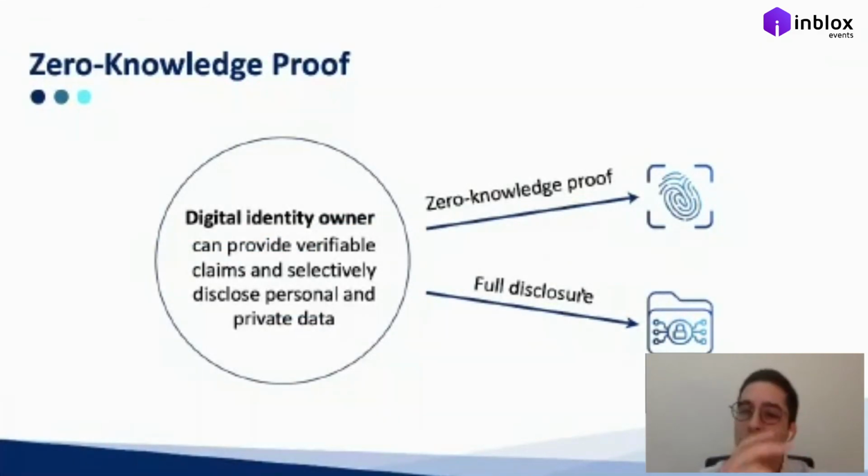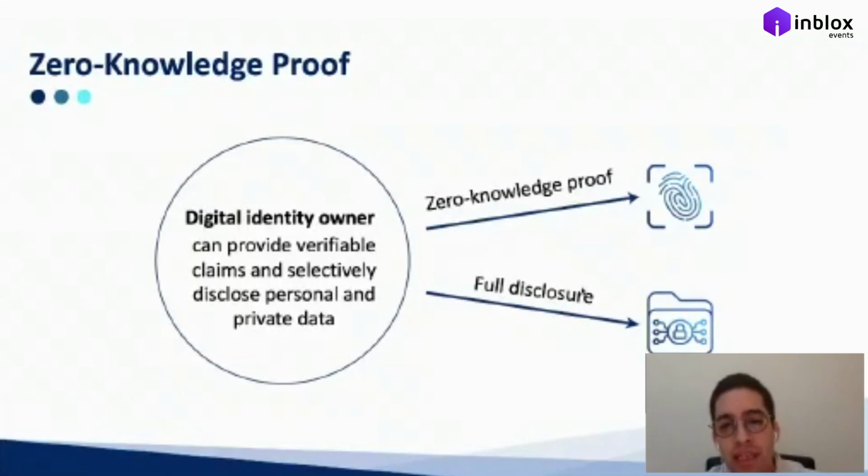During verification, you can control the exposure of your personal information. Instead of full disclosure, such as access to a copy of your passport, zero-knowledge proof enables disclosure of only what a verifier needs, such as just the passport's ID number, country of issuance, and expiry date.